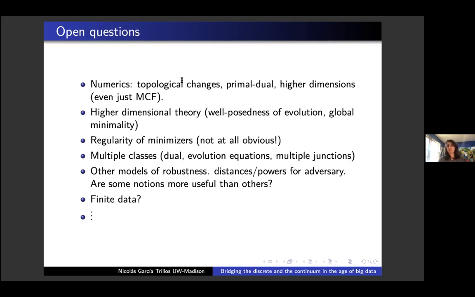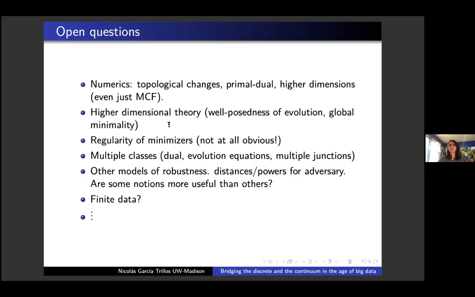Everything that we do in our paper is formal, but can we at least, for example, say we have global solutions for a small epsilon? Can we make sense of the PDEs that we have there? Are they well posed for a small epsilon, et cetera, et cetera? So there are a lot of things that, of course, we did not answer in our first paper, and are now open questions. Regularity of minimizers is not necessarily obvious.